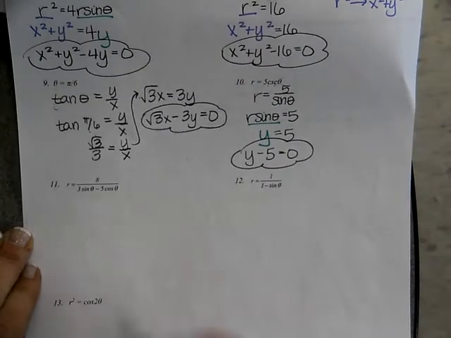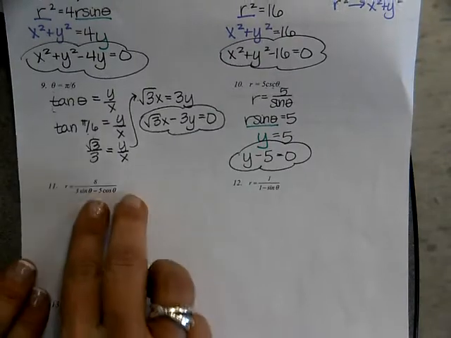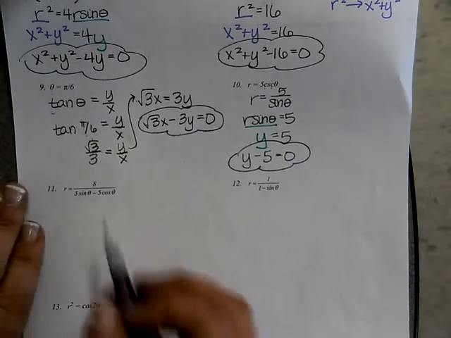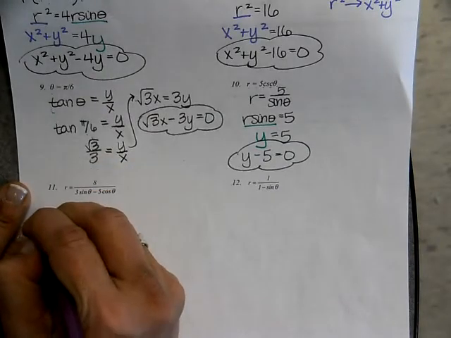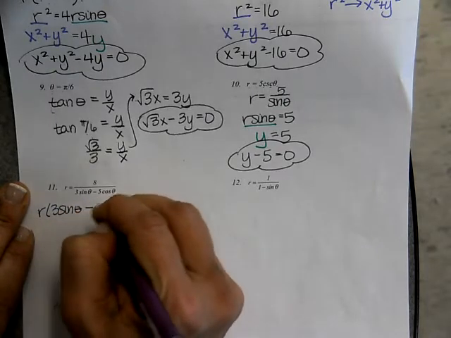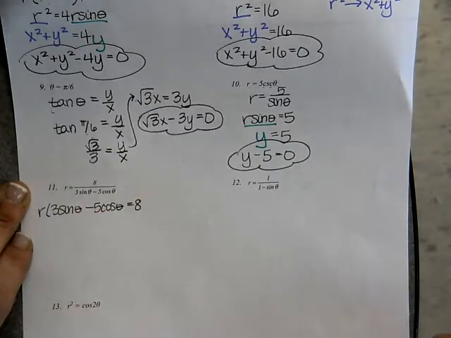Well, again, in this one, you might get excited and try to square r or multiply by r, but why not just try to multiply by 3 sine theta minus 5 cosine theta? So I get r times 3 sine theta minus 5 cosine theta equals 8.